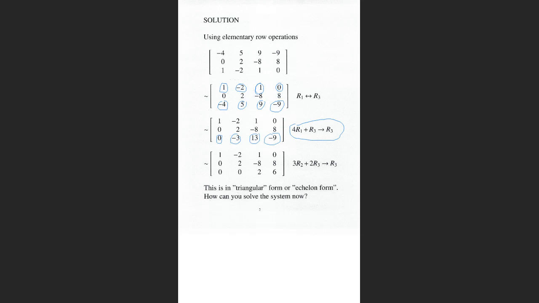Okay, so that is a row operation. And incidentally, the number 1 that we use to produce the 0 here, we call that 1 a pivot.